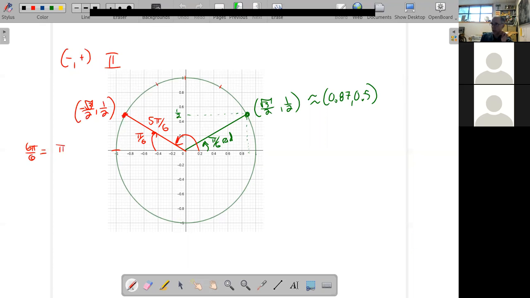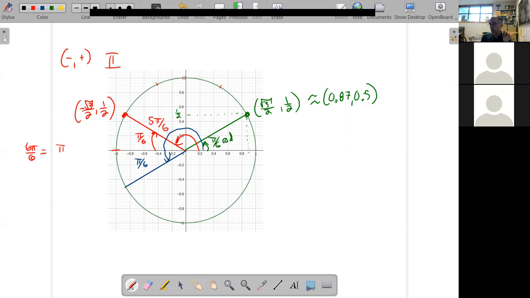Let's keep going around here. So if I reflect this point through the x-axis, then I'm going to end up over here. The reference angle for that point, remember, reference angle is to the closest part of the x-axis, that would be pi over 6. The standard measure for that angle would be sweeping around this way like that.